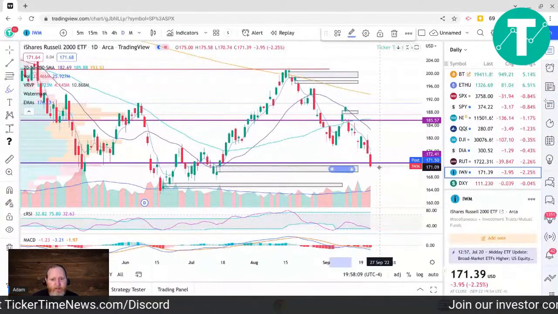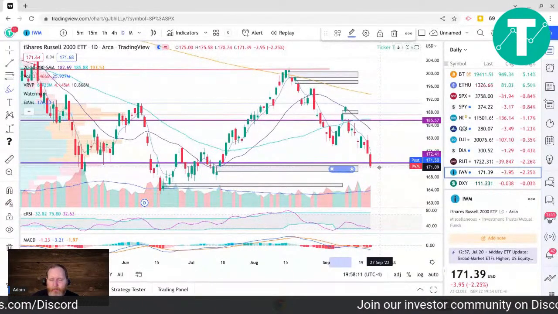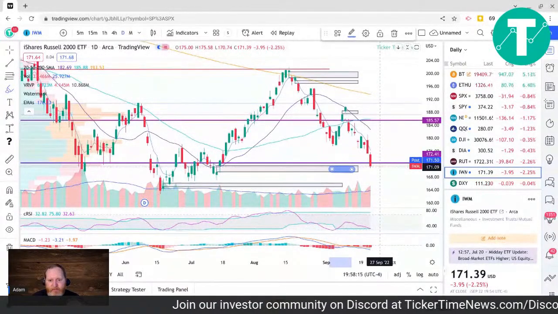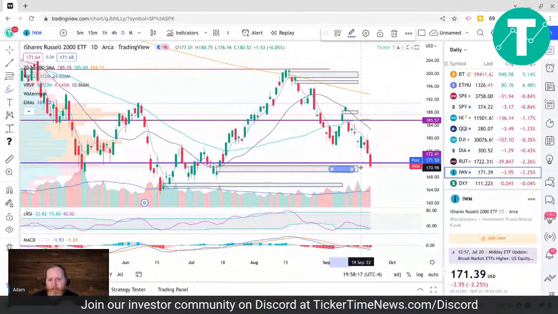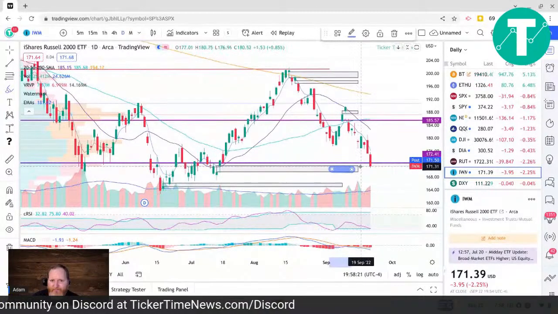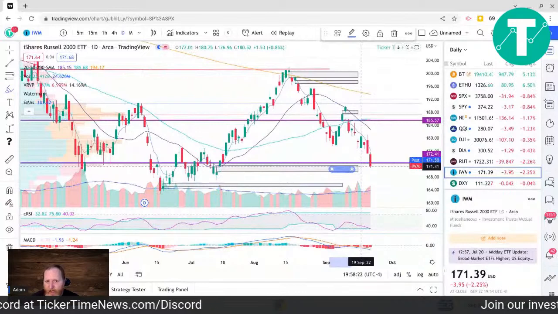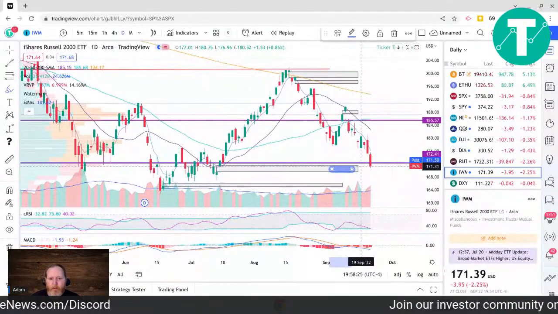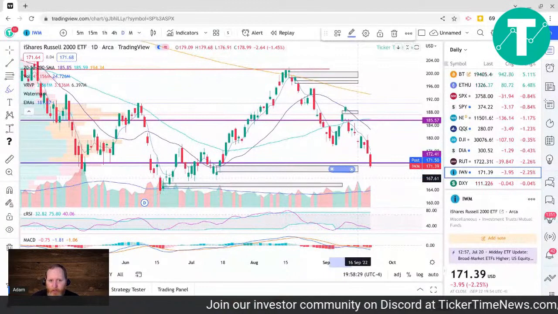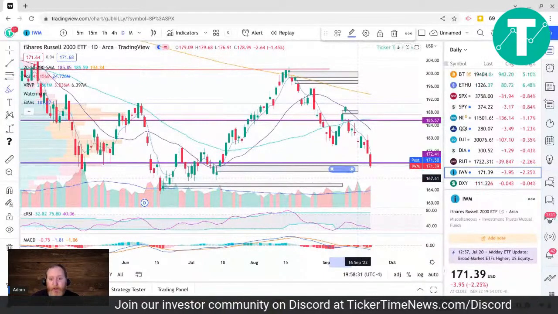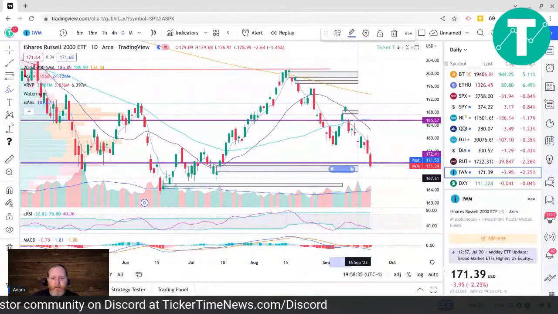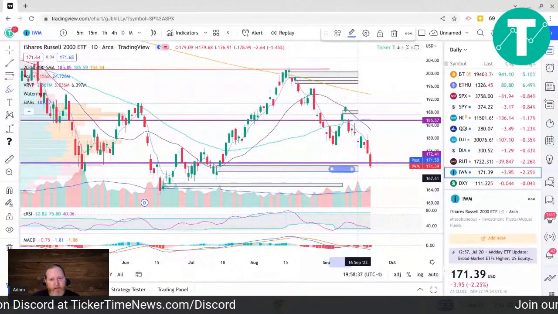This gives me a little bit of pause. It was nice that it didn't close within the top of this, like 170 or 169, because then tomorrow could open up and we just gap down right below this gap, creating another gap that would get filled on the way back up.